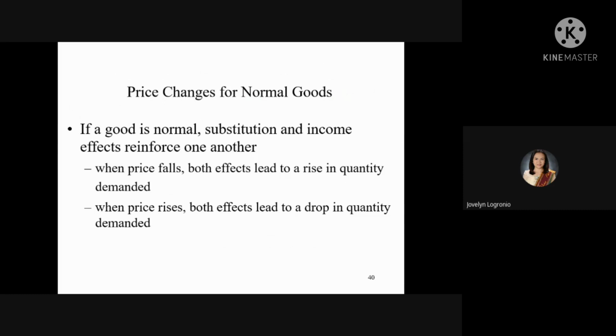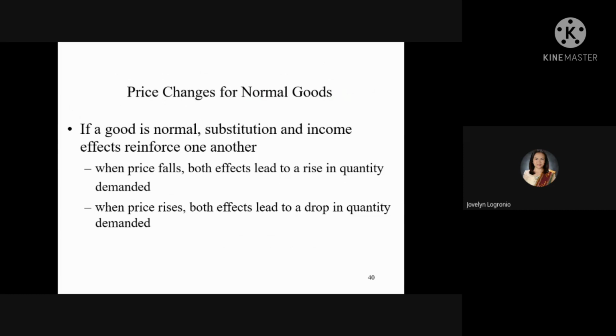So if a good is normal, ano yung idea na nakuha natin? If a good is normal, substitution and income effects reinforce one another. So if a good is normal daw, then the direction of substitution and income effects are the same, or they reinforce one another.